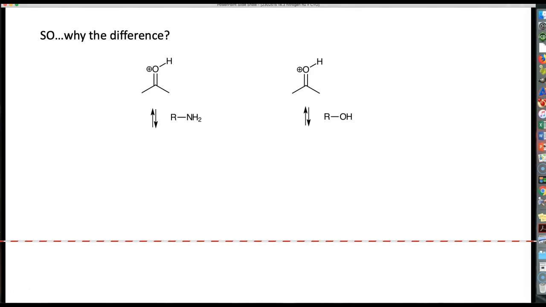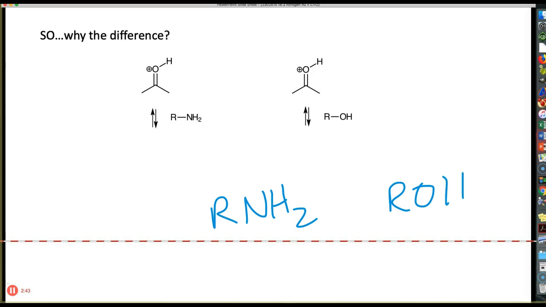So what's going on here? Why do nitrogen and oxygen give us 2 different products? Well, just hold on a second. This is such great review. Which is the stronger base, the amine or the alcohol? What's the difference between nitrogen and oxygen? Electronegativity.